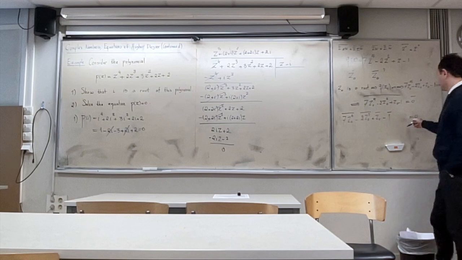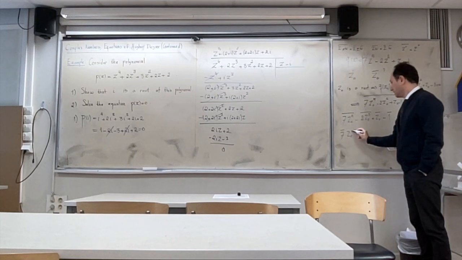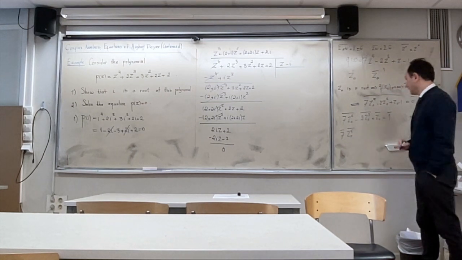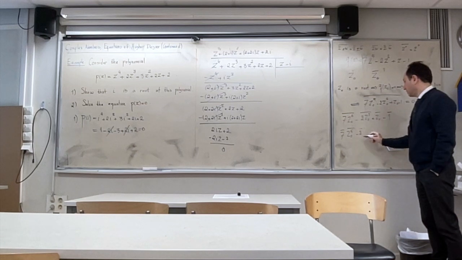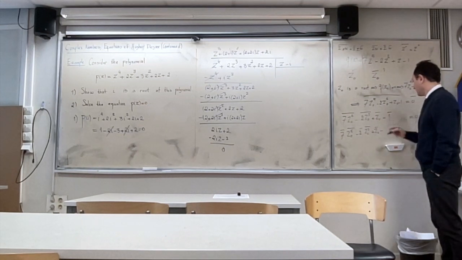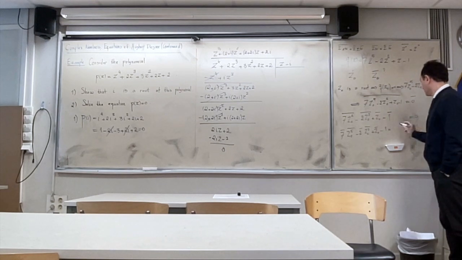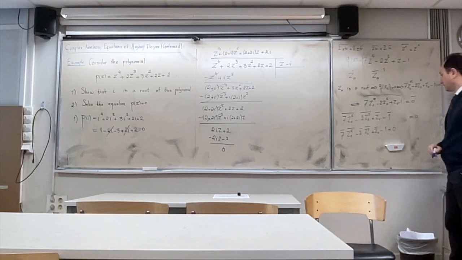But what can I do here? This is a product, so it becomes the conjugate of 7, z naught to the 5th conjugate, minus the conjugate of 2, z naught squared conjugate, plus z naught conjugate, minus what can I write for 1 bar? The conjugate of 1 is just 1. On the other hand, I have 0.